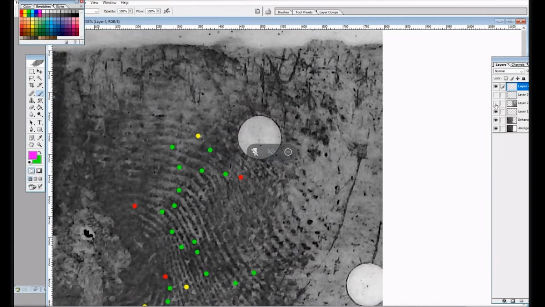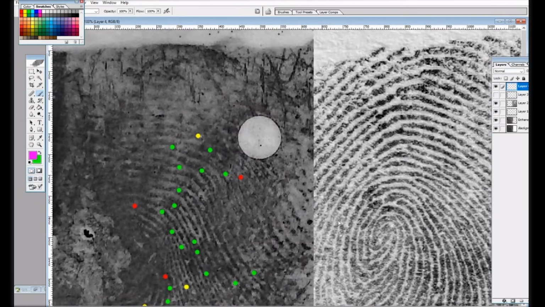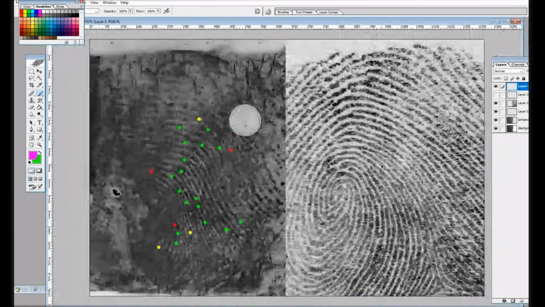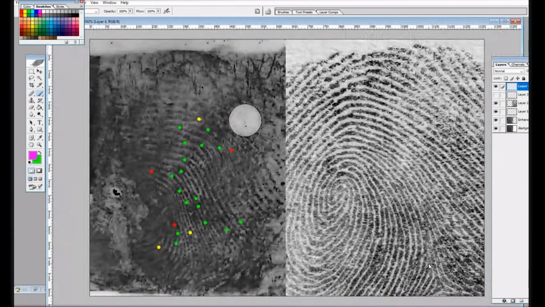I would absolutely expect not only to identify it, but because of general core and delta position, I would also expect to be able to exclude it. Right. And that's where we're a little different. Without the clear core, the exact precise location, clear delta, I wouldn't go into the exclusion realm, but again, agree on the suitability in general terms and for identification.